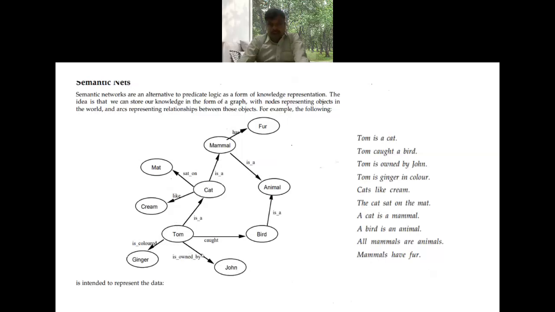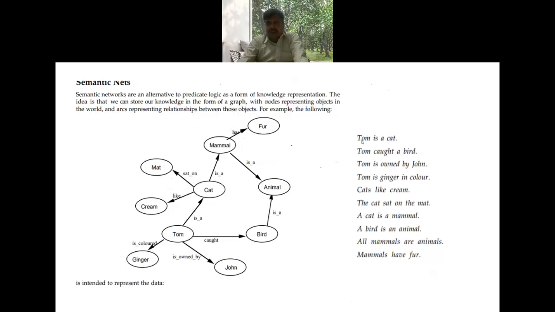And Tom caught a bird. Bird is an animal, but cat is a mammal. Mammal is always an animal. Mammal has fur. Cat, what is it attributing? Cat is sitting on the mat. Cat likes cream. Okay, like that.